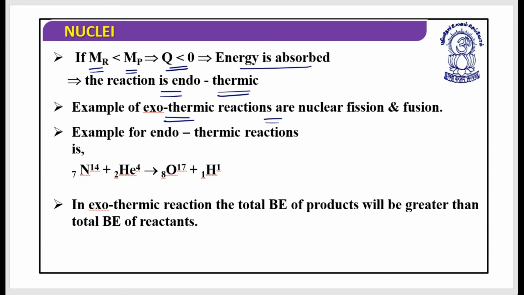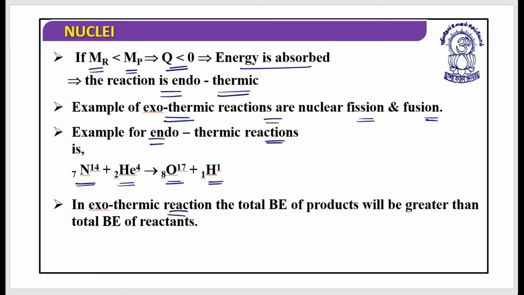Examples of exothermic reactions are nuclear fission and nuclear fusion. An example of an endothermic reaction is nitrogen 7N14 plus helium 2He4, which gives oxygen plus 1H1.